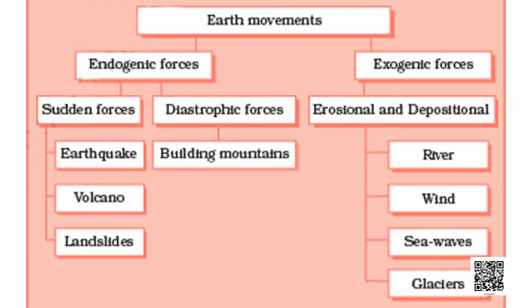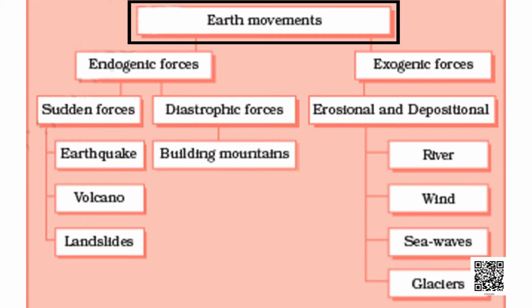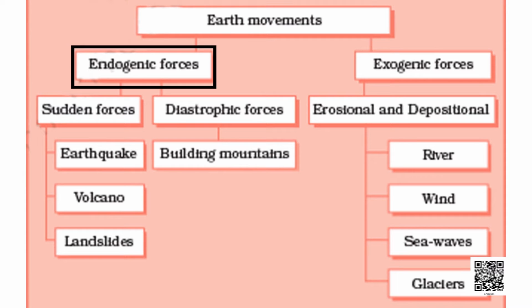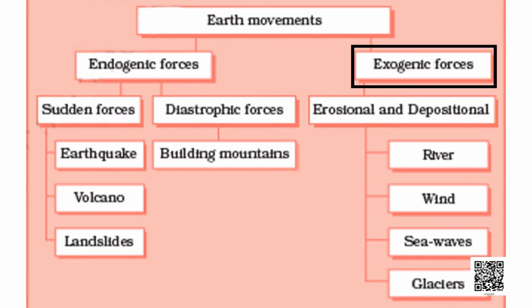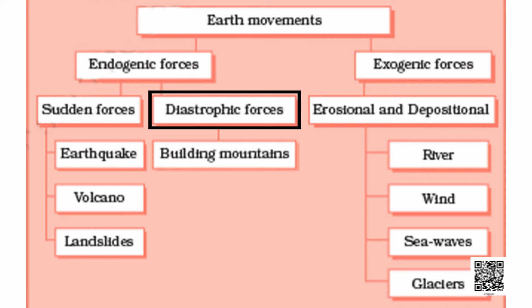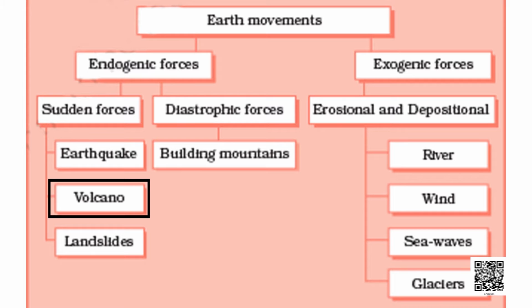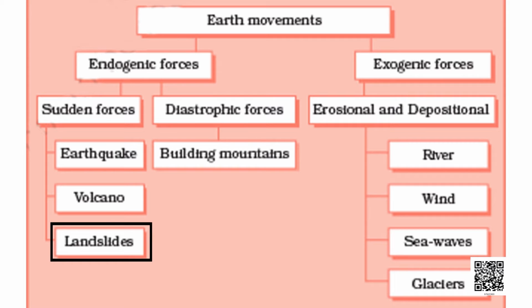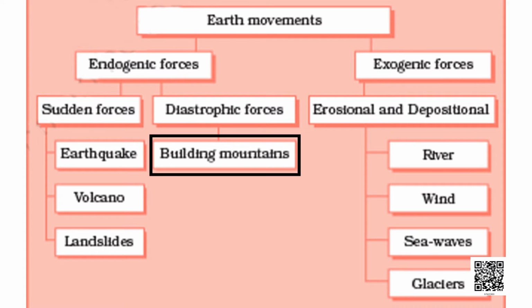Now look here at the table of evolution of landforms. Earth movements are caused by endogenic forces and exogenic forces. Endogenic forces are of two types, sudden forces and diastrophic forces. The sudden forces are like earthquakes, volcanoes and landslides, and diastrophic forces are caused like building mountains.